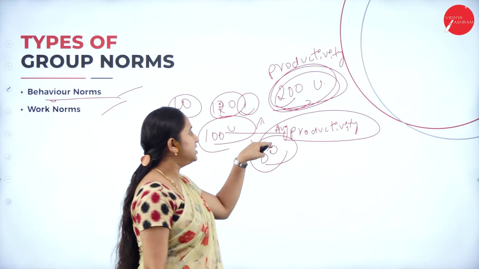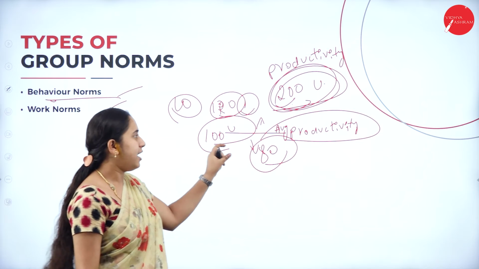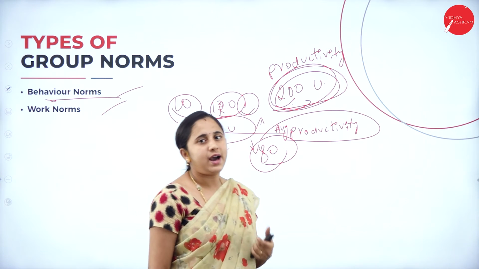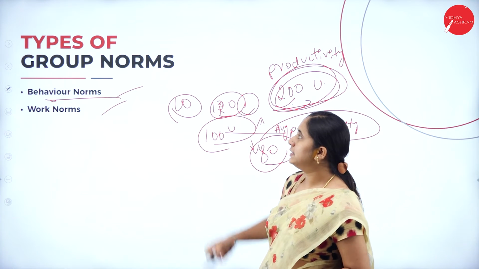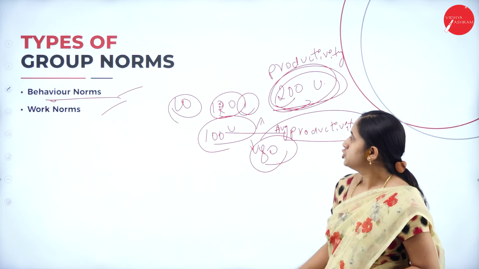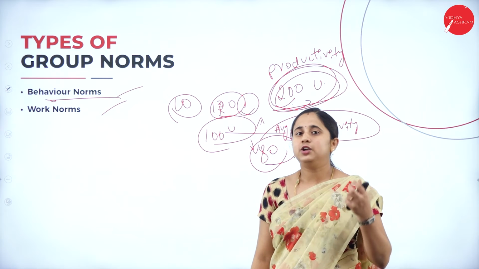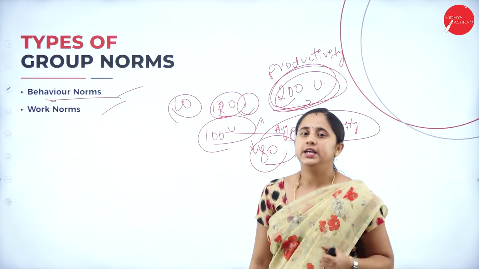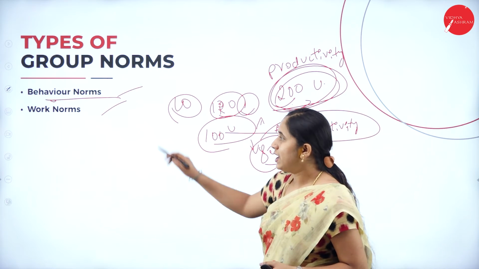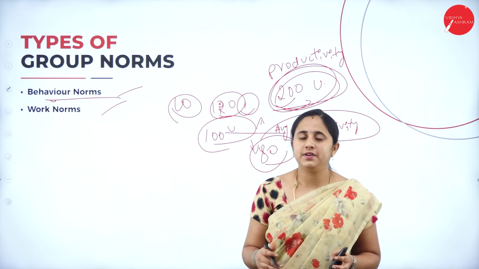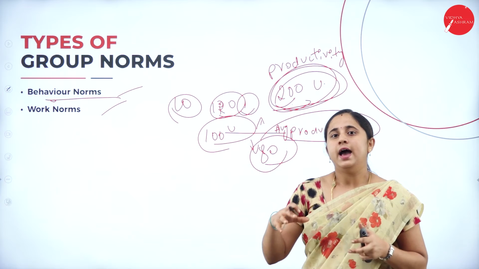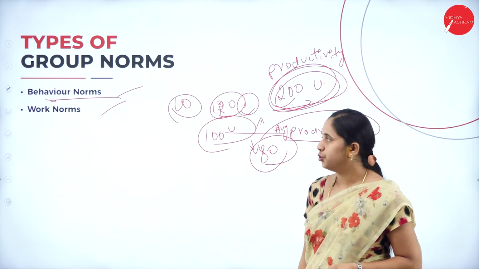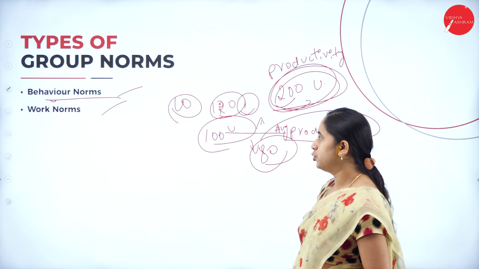Based on this average productivity or standard, we evaluate an individual and improve their performance. These are the types of group norms: behavioral norms, related to individual behavior in the working condition, and work norms, related to productivity and working condition as a member in the group.